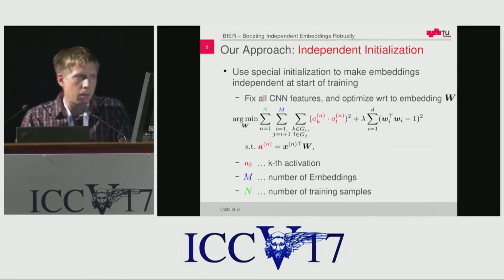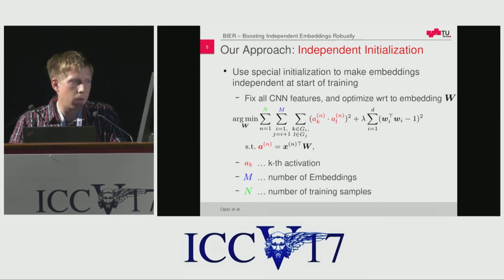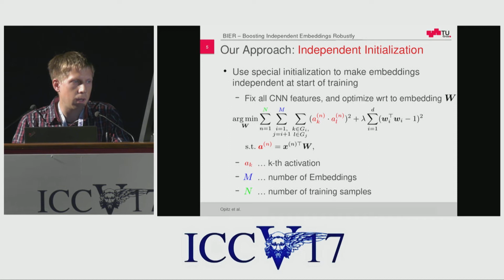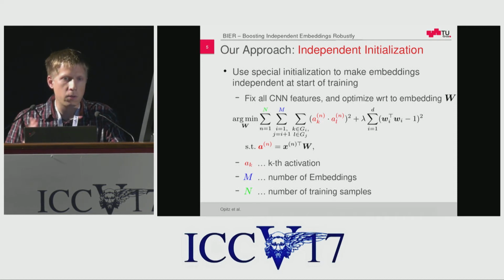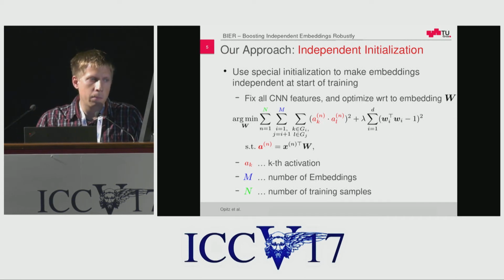So about the initialization. What you see here basically is the first term of this objective, in red, tries to make the activations of your embedding across these pairwise groups kind of independent from each other. The problem with just this first term is, however, that if you optimize this, you can easily achieve zero loss if you set W to 0.